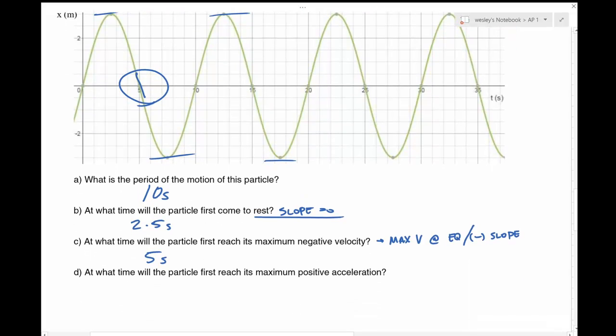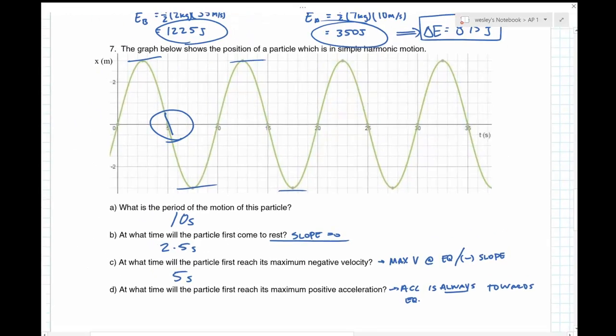At what time will the particle first reach its maximum positive acceleration? Our idea here is that acceleration is always towards equilibrium.